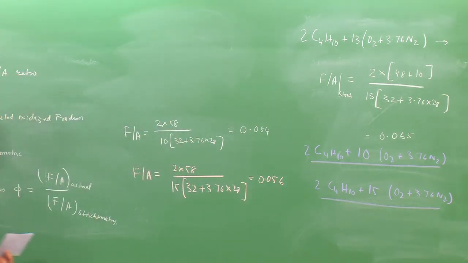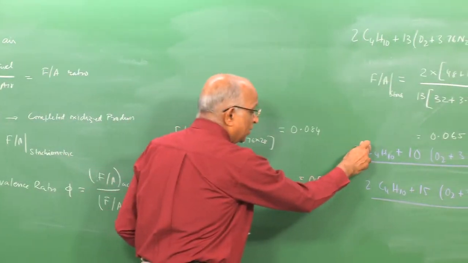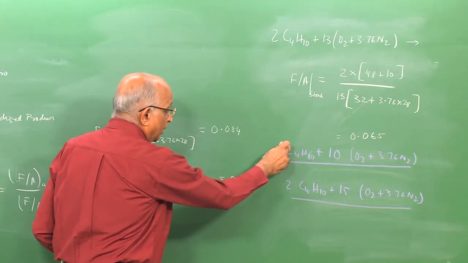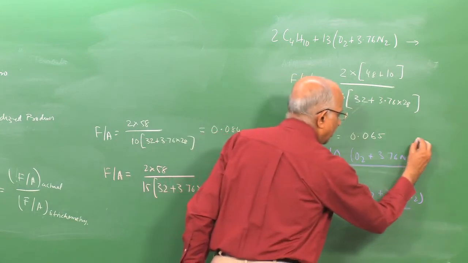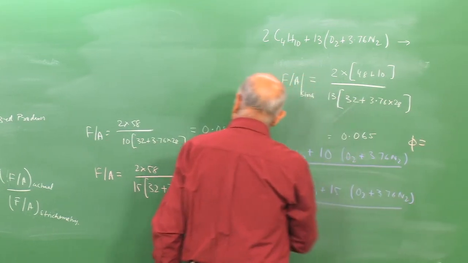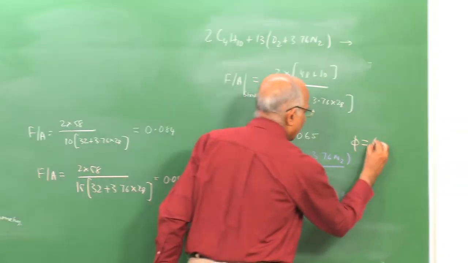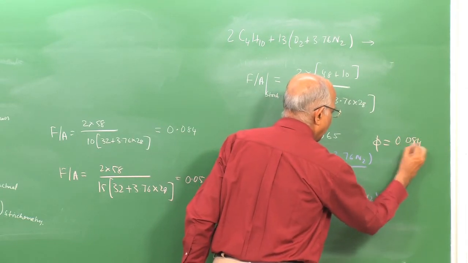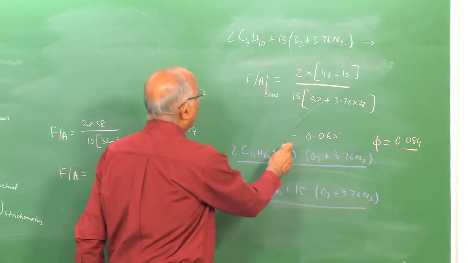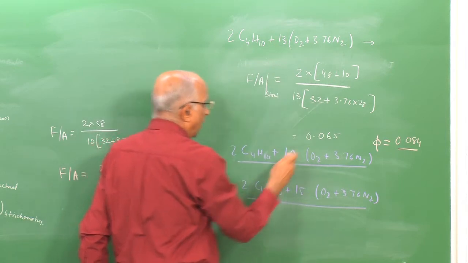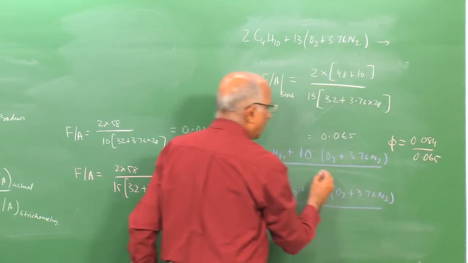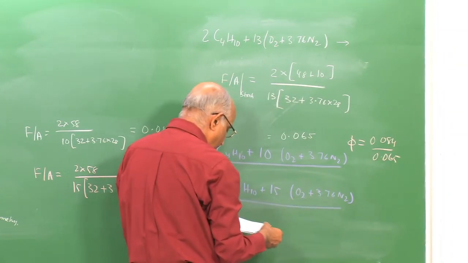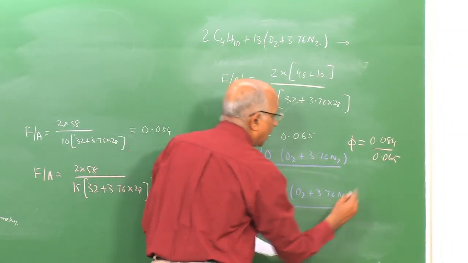Therefore, in this particular reaction, what is the value of the equivalence ratio? Phi is going to be the actual fuel air mixture, 0.084. If the reaction was stoichiometric, I should have had 0.065, and therefore the equivalence ratio is going to be something like 1.29.